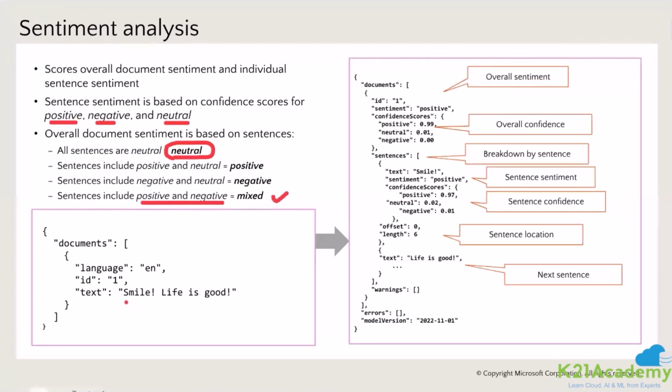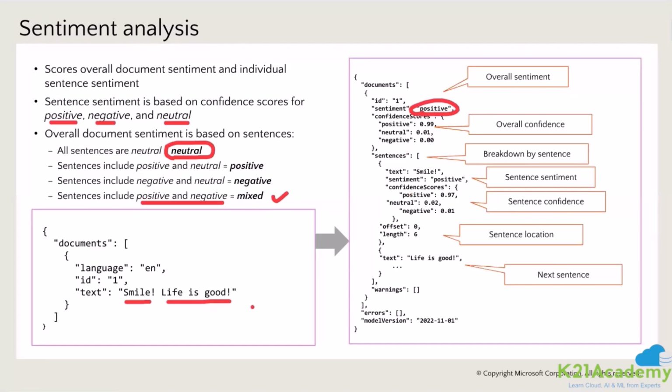Now, let's say we have two lines: Smile, life is good. The overall sentence seems to be very positive, right? According to the model, it is 99% sure this text is positive, 0.01 neutral, and 0% negative.